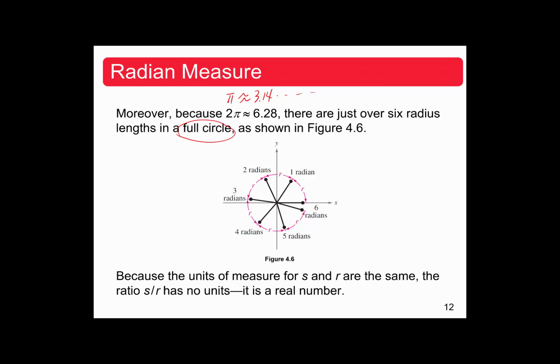So there's 1 radian, 2 radians, 3, 4, 5, 6, and a little bit more, 0.28 radian, right here. That completes one cycle.